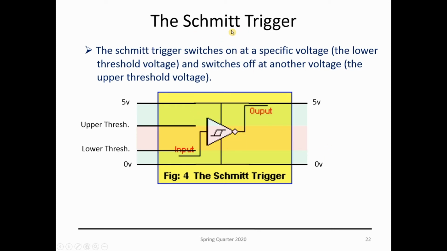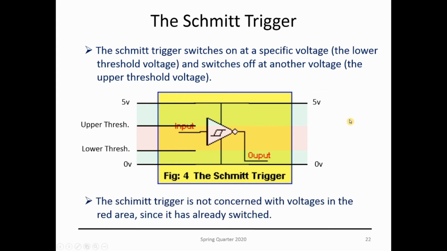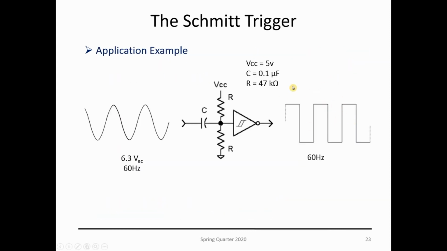So Schmitt triggers, you're going to find these a lot to make sure that your signal is 0 or 1 at the entrance of your gates. This is an example here, another one just showing you the output visualization of waves. If I have this sinusoidal wave, I get this square wave.